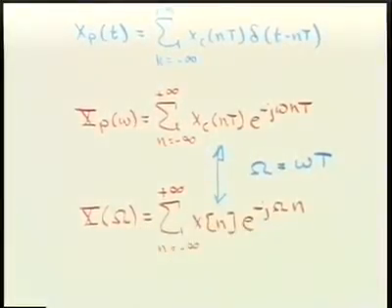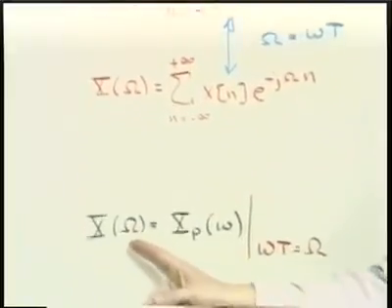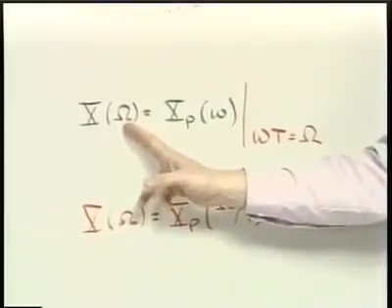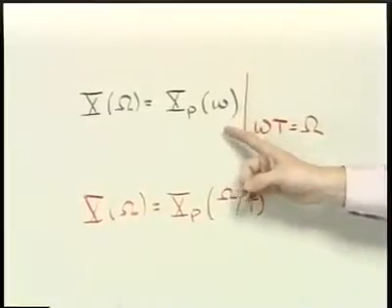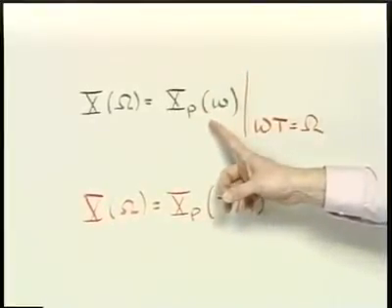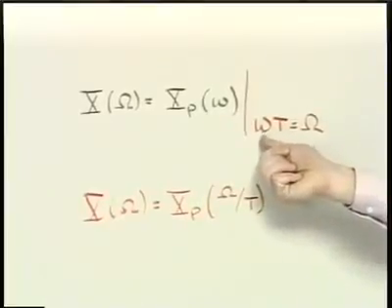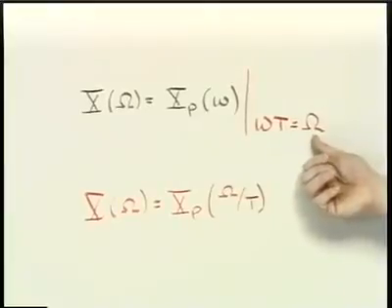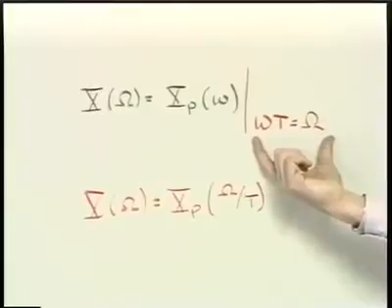So in fact, these two are equal with a relabeling or with a transformation between small omega and capital omega. And so the relationship that we have is that the discrete time Fourier transform of the sequence of samples is equal to the continuous time Fourier transform of the impulse train of samples, where we associate the continuous time frequency variable and the discrete time frequency variable through a frequency scaling, as I indicate here.